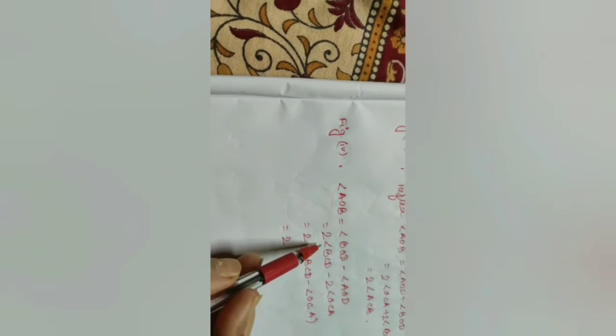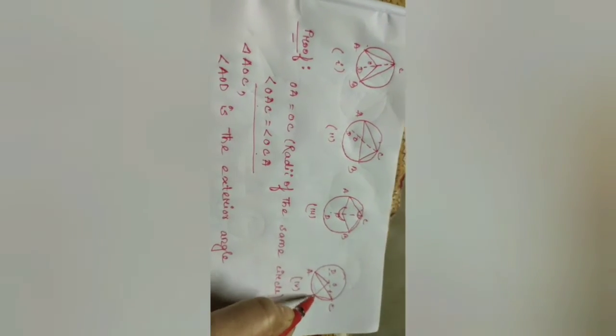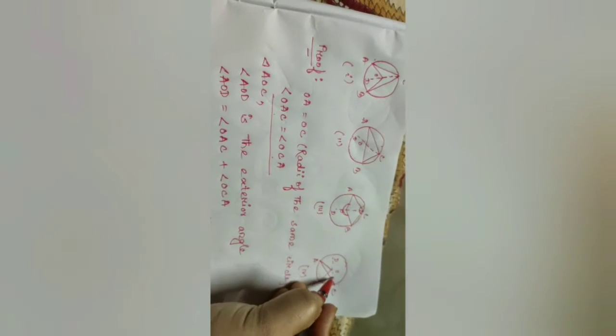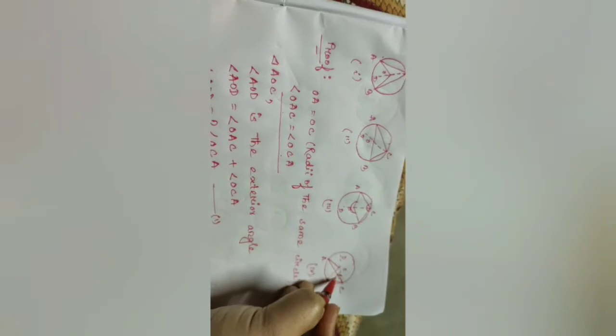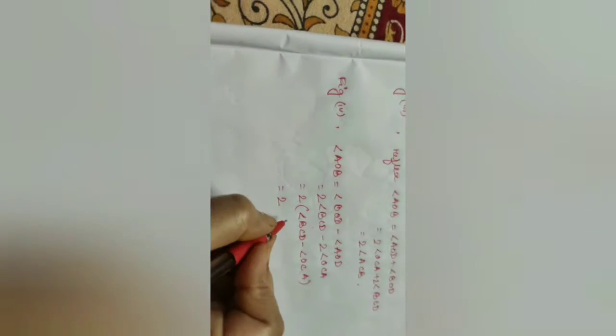Then I have put twice of BCD in place of BOD and twice of OCA in place of AOD. Then twice of BCD minus OCA. Now this one is BCD minus ACD. I am subtracting this part from this whole angle. Now I am getting twice of BCD minus OCA, that is ACB.